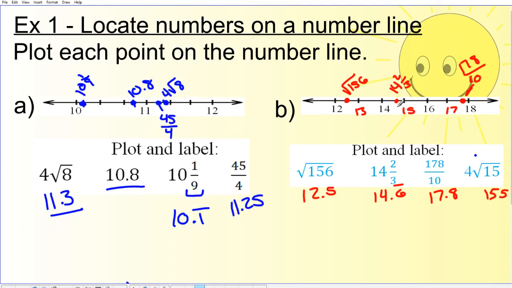So between 15 and 16, right about here, that is 4 square roots of 15. So I like my dot black since I made the numbers black. This guy goes here, this guy goes there. We're all lined up. There's a little line in there. It's a little hard for me to see if I switch to black.